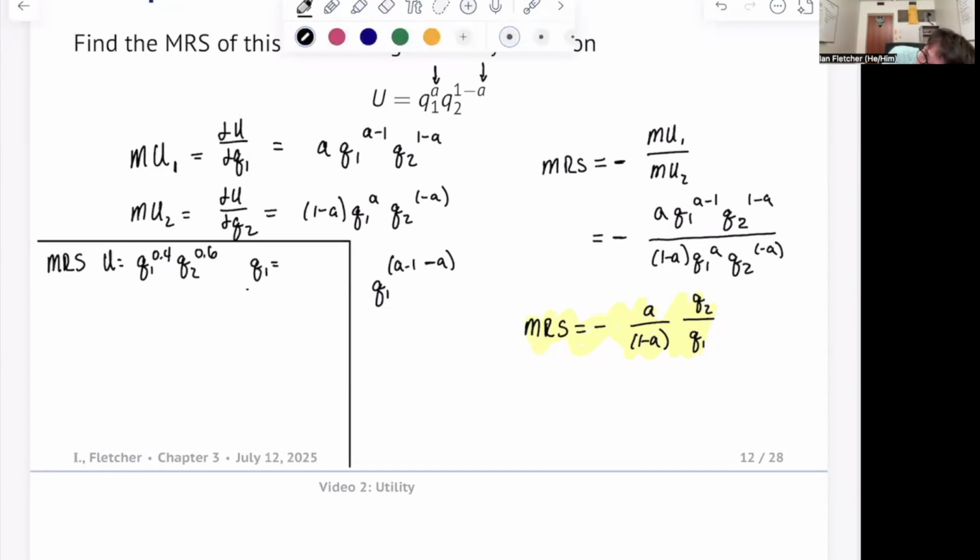And then let's say that Q1 equals 24 and Q2 should equal 18. Then, using our fancy marginal rate of substitution formula, we should get 0.4 over 0.6 times 18 over 24, which should be something like minus 1/2.